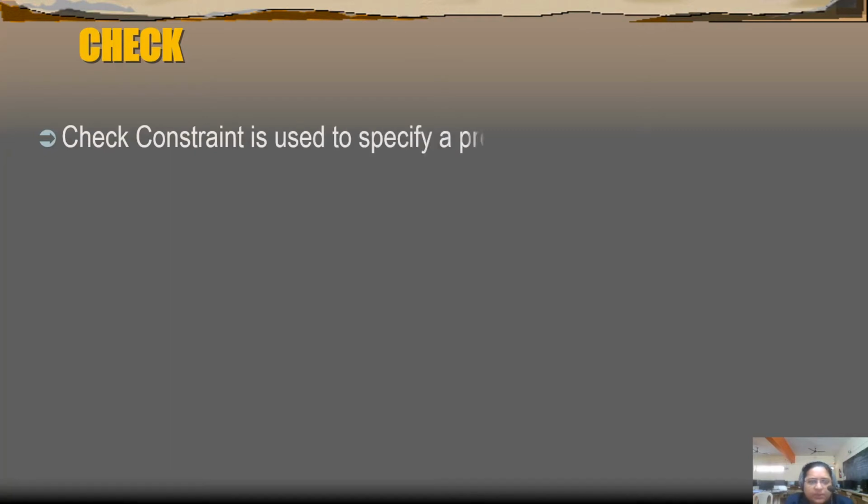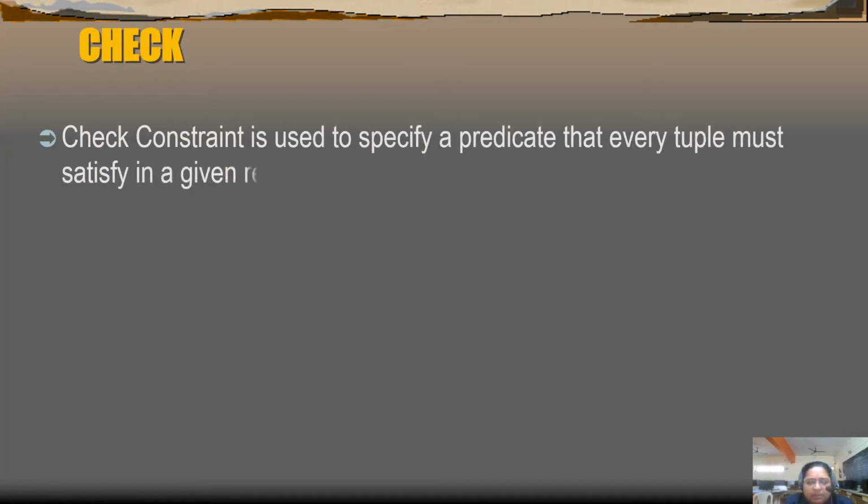So a check constraint is basically a condition which we apply on a table. It could be either on the entire table, that is on more than one field, or on a single field. That particular tuple should satisfy the condition specified under the check constraint, and then only the data can be accepted within the table.